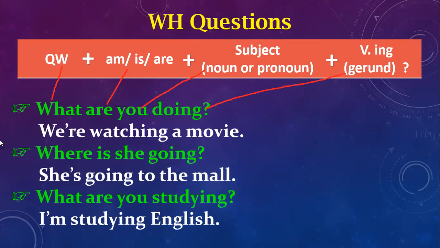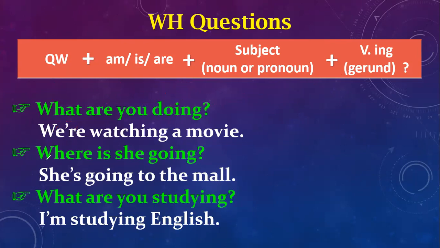What are you doing? If we want to answer this question, we will remove the question word. Then we start with the subject. Here, you changes to we. We, then are: we are watching a movie. We remove doing and instead we say what we are doing. Okay?